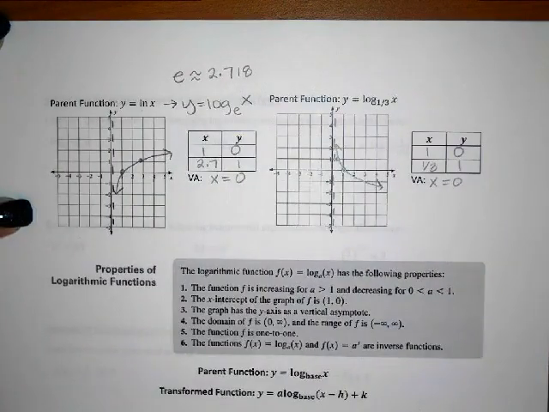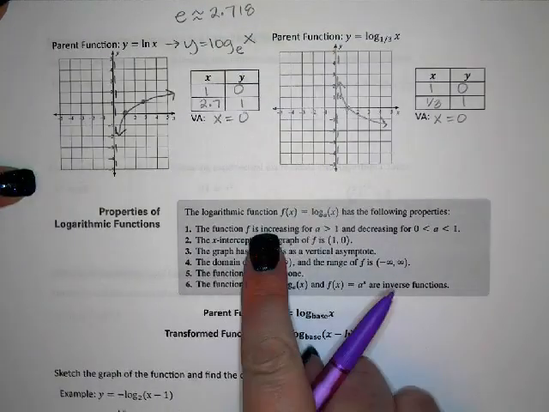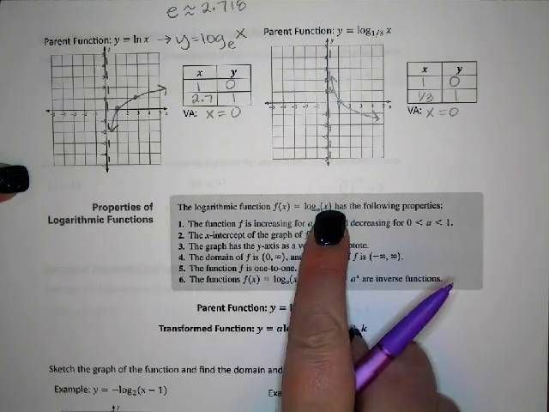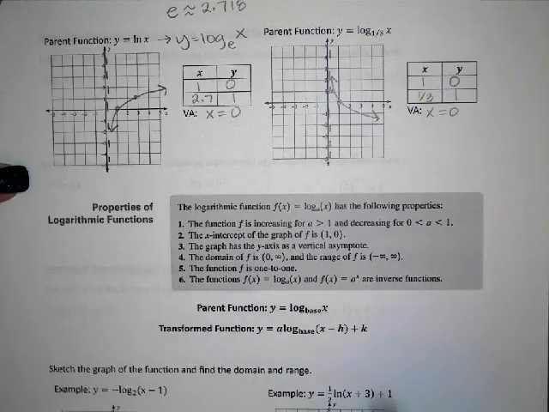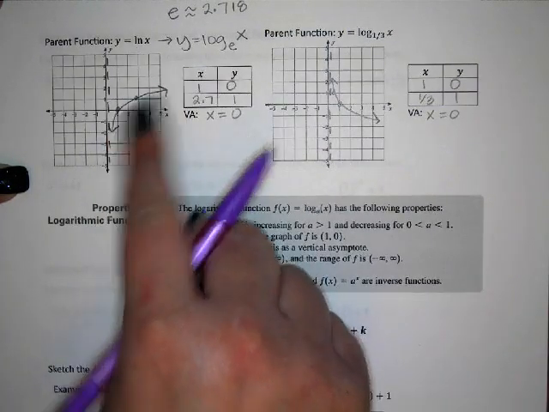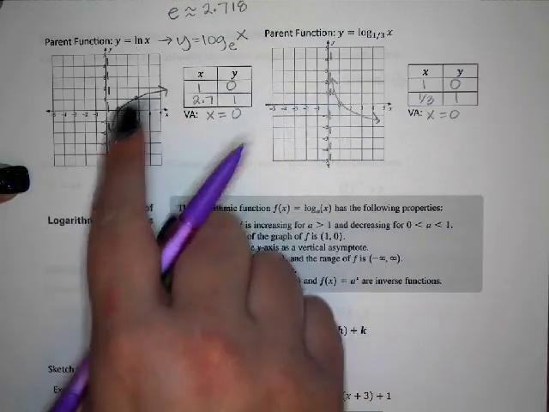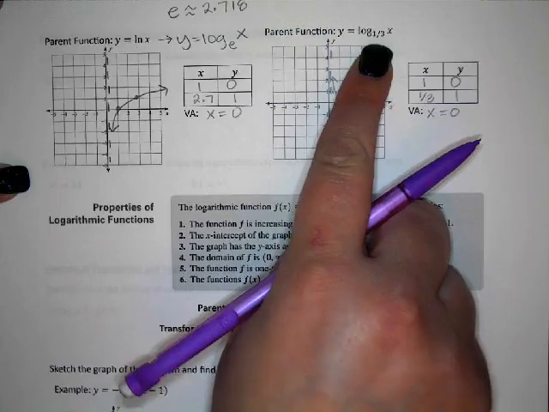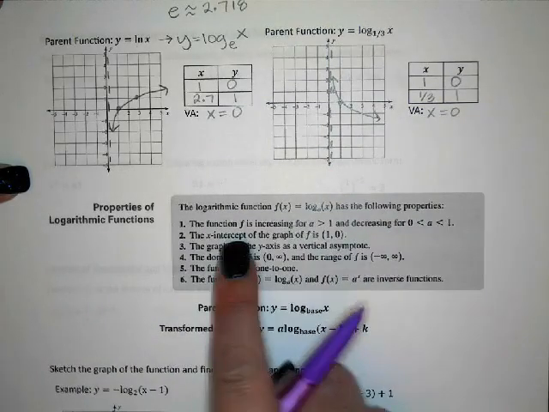Okay, so here we have our logarithmic function. They used their base as the letter a, but I would use my base as b. So they're saying the function is increasing if the base is greater than 1, like in this graph, or it's decreasing if your base is between 0 and 1, like in this graph. The x-intercept is always (1, 0).